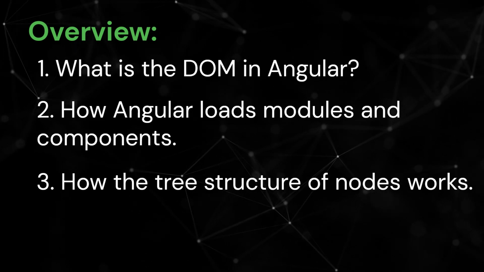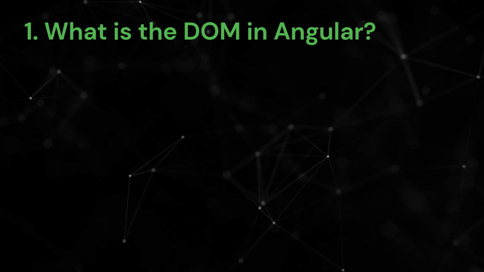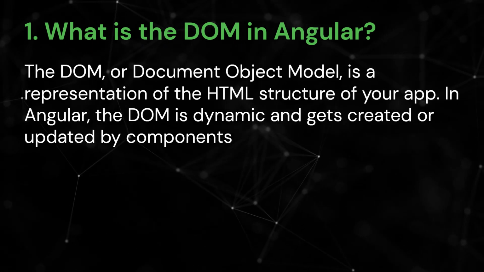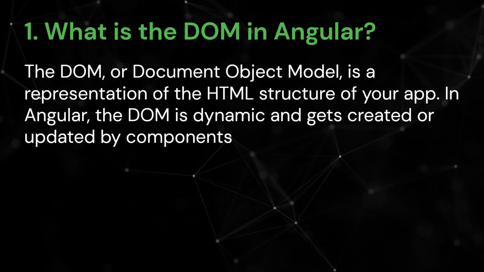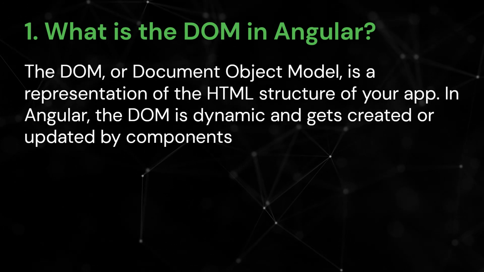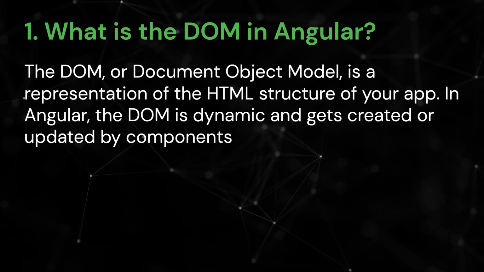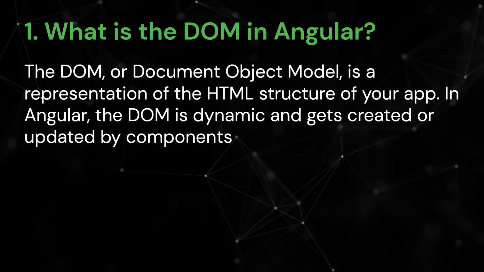So let's get started. The first question is what is the DOM in Angular? The DOM, or document object model, is a representation of the HTML structure of your app. In Angular, the DOM is dynamic and gets created or updated by components.